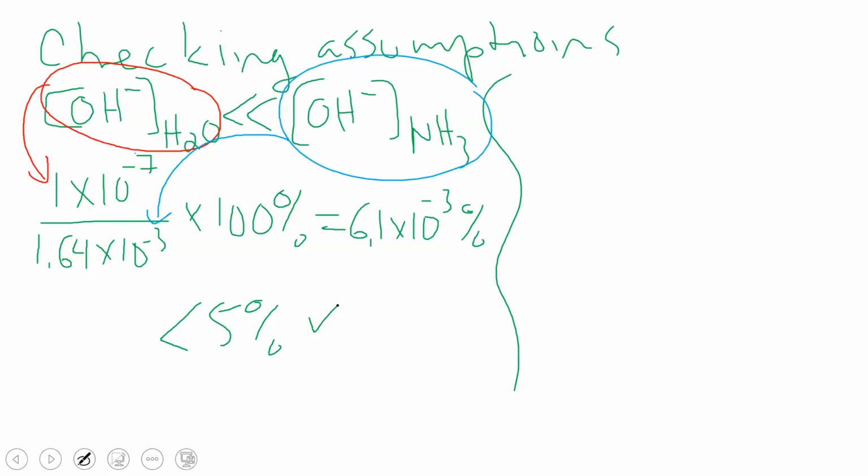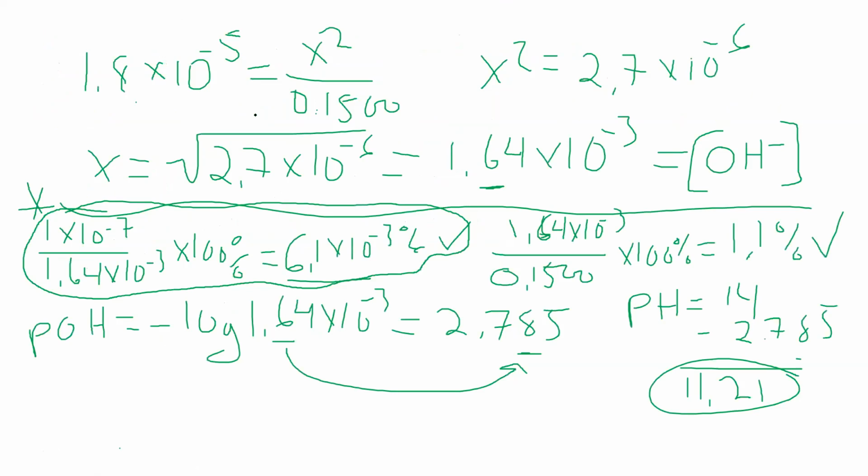Okay, great. And then the other assumption you have to check was the 5% rule. I have a question about sig figs. Why did the sig fig go from 2 to 3 after we took the square root of x? After we took the square root of x, up there? Of x squared, sorry. It didn't. See that line right there? That line is saying that that's the last significant digit. Oh, okay.